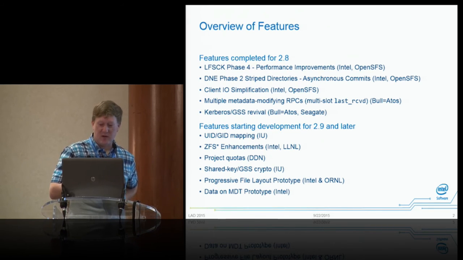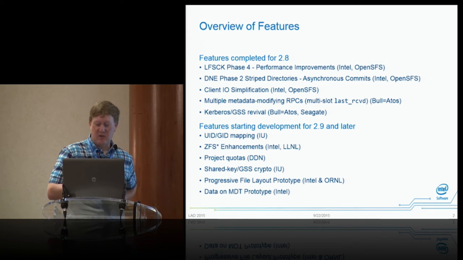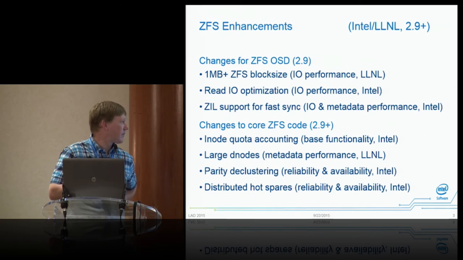Shared key crypto, that's another project from Indiana that hasn't been quite as active as the UID mapping, but individually and together those two features are quite interesting for WAN usage, but also they can provide some functionality for subdividing Lustre, a single file system, into multiple tenant kind of configurations. Progressive file layouts, I'll actually be spending quite a bit of time discussing that one, and data on MDT.